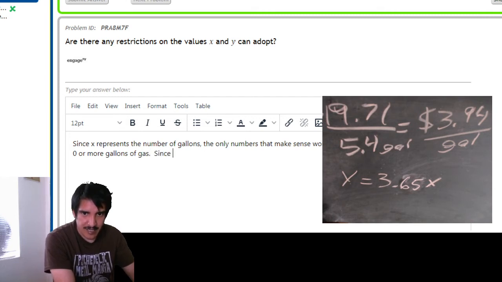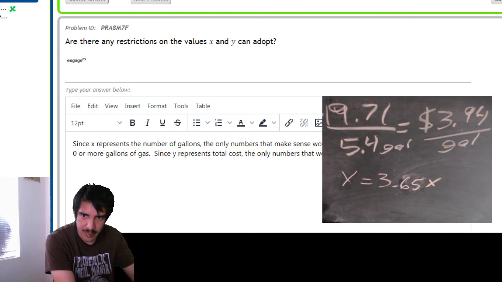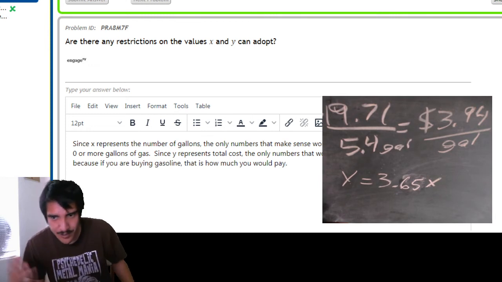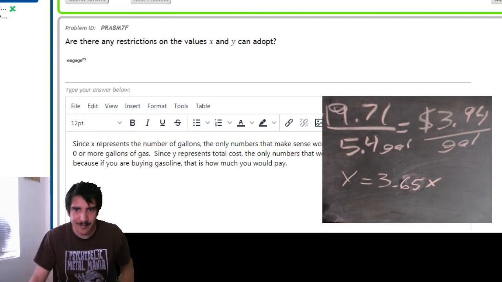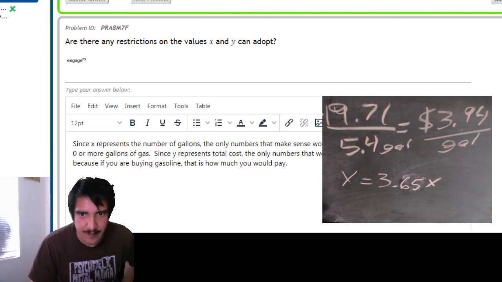And then since y represents total cost, the only numbers that would make sense would be 0 or more, because if you are buying gasoline, that is how much you would pay. You would pay $0 or more, but you wouldn't pay negative dollars for gasoline.